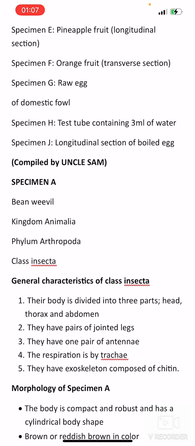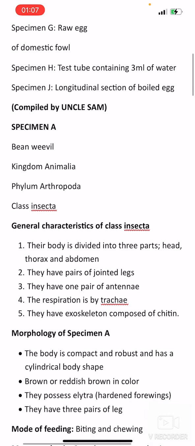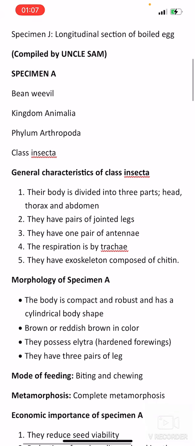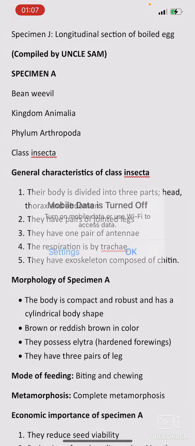Their body is divided into 3 parts: the head, the thorax, and the abdomen. They have pairs of jointed legs, 1 pair of antennae, respiration is by trachea, and they have an exoskeleton composed of chitin.